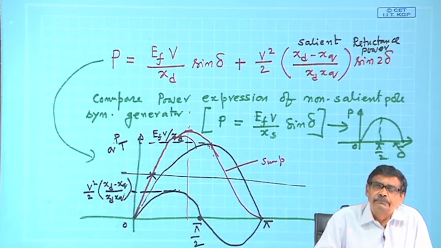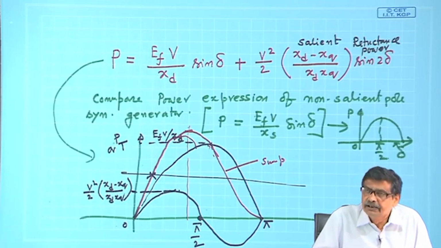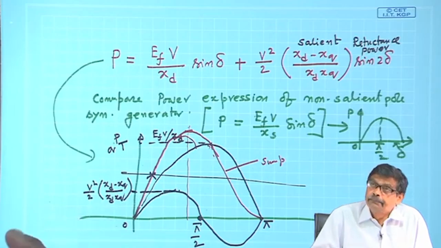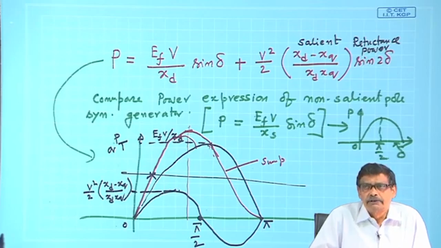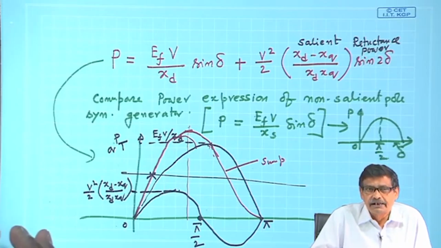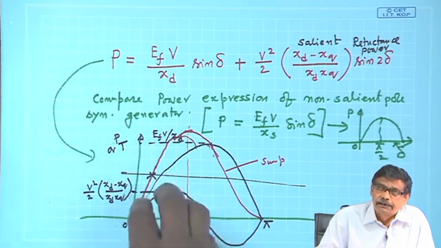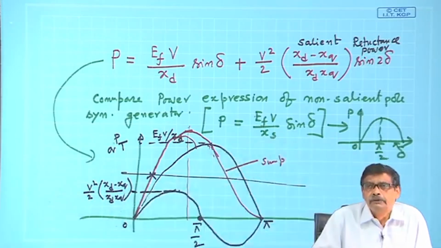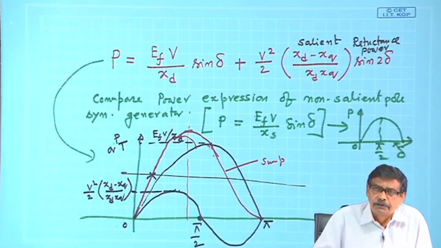But nonetheless, what I am trying to stress is the fact that a salient pole machine, even with field current 0, can produce torque and power. It will still be running at synchronous speed, but the level of power will be reduced, no doubt, but it will be able to pump some power into the bus or take power from the bus as a motor as well.